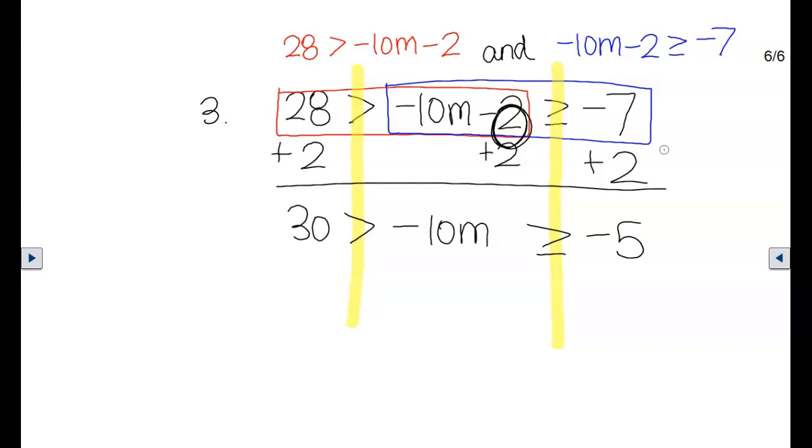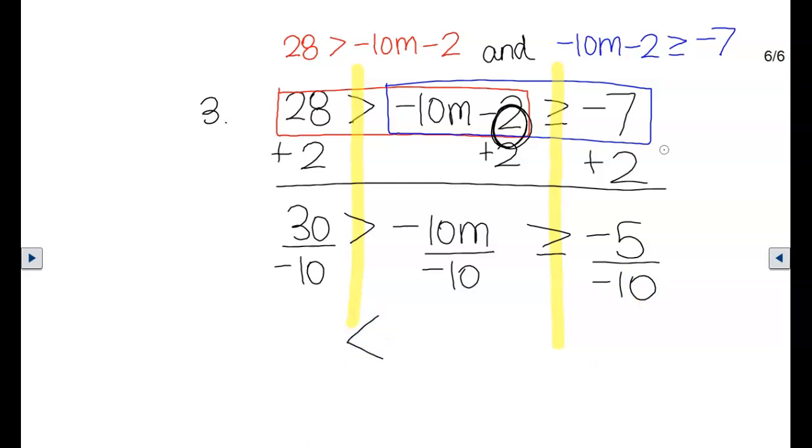Now, to get m by itself, the next thing I need to do is cancel out that negative 10. So to do that, I'm going to divide by negative 10. If I do it in the middle, I have to do it on the left, and I have to do it on the right as well. Now notice what I'm dividing by. I'm dividing by a negative 10. So I have to flip the inequality signs.